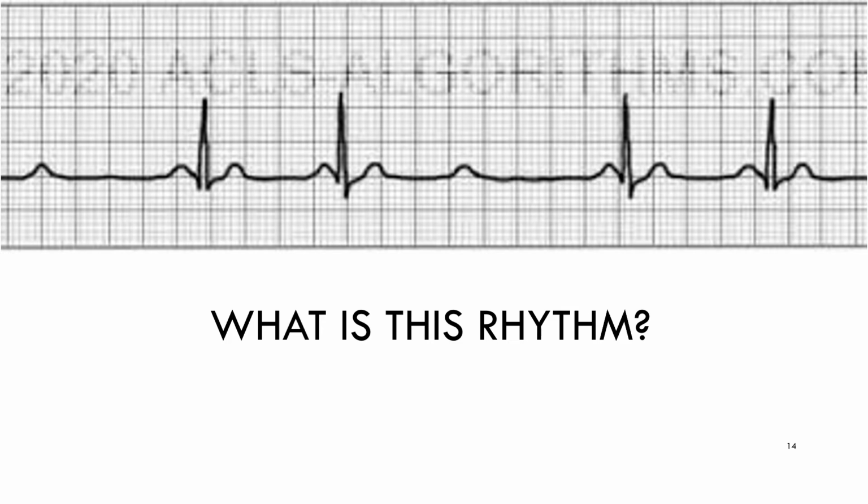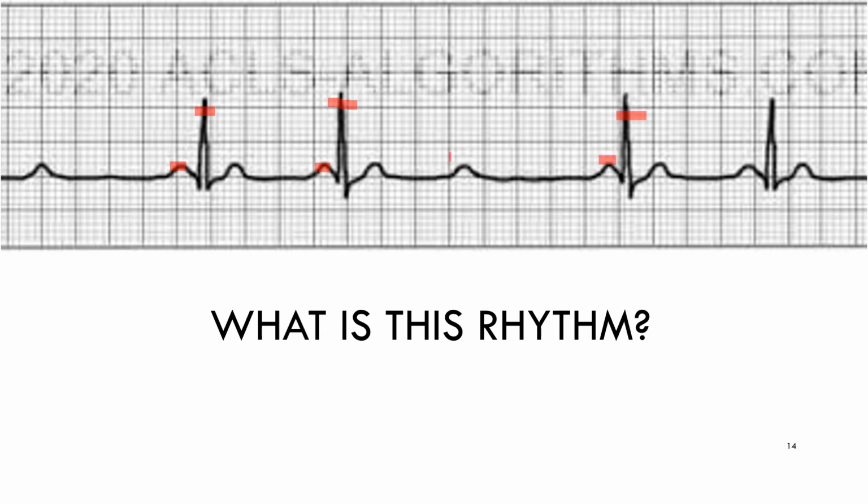Number one, what kind of EKG is this? Let's analyze it. The QRS complex, are they narrow? Yes, they are. So let's go to step 2. Is her heart rate regular? Are the QRS complexes regular? No, they are not. There's 1, 2, there's nothing here, there's 1, 2. Let's look at some other stuff. Let's look at the P wave. So here's our P wave, here's our P wave, here's our P wave.